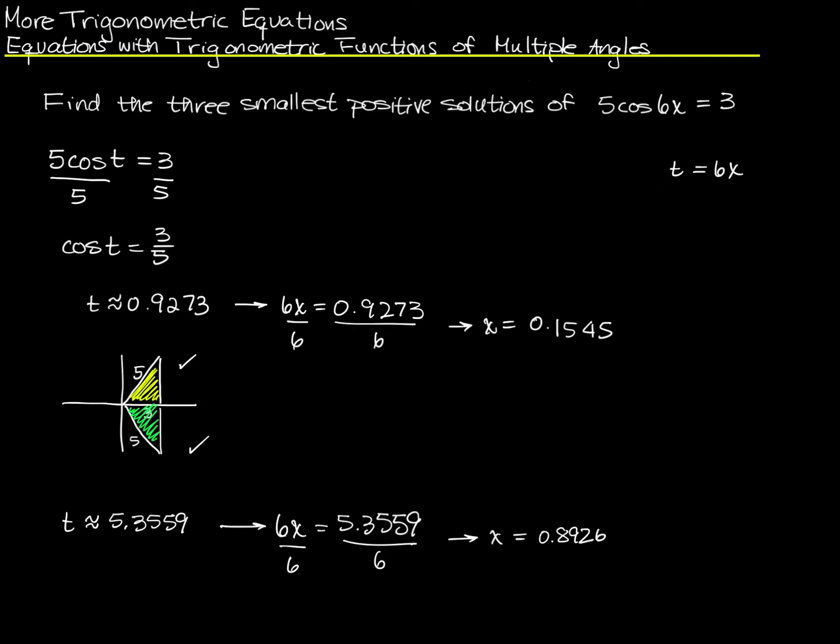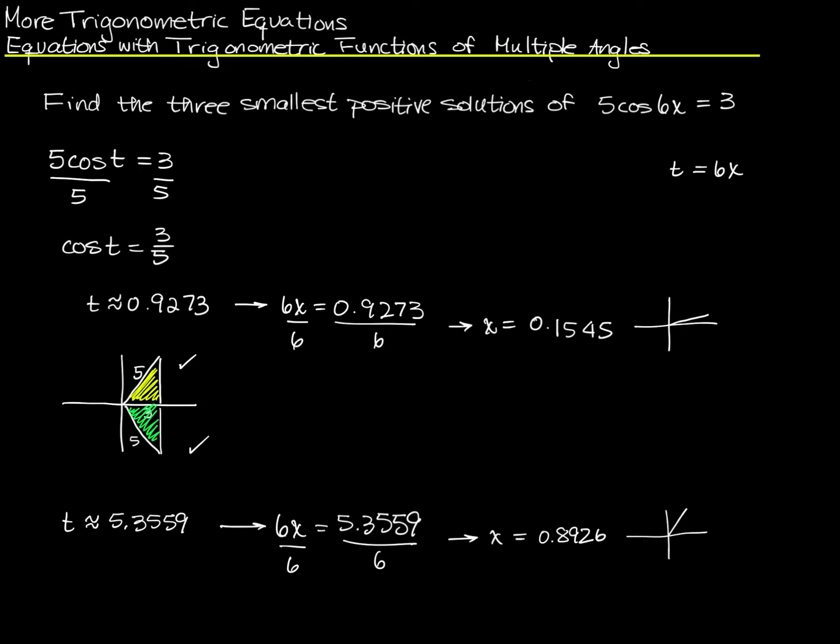Okay, so now I've found values of x that satisfy this equation, but I've only found 2. Let's see where those are. This one is approximately here, and this one is approximately here, and they're both in quadrant 1. The problem is I don't really know where the third solution is. There is a third solution, 2 pi around from the first solution, and another solution 2 pi around from this one.